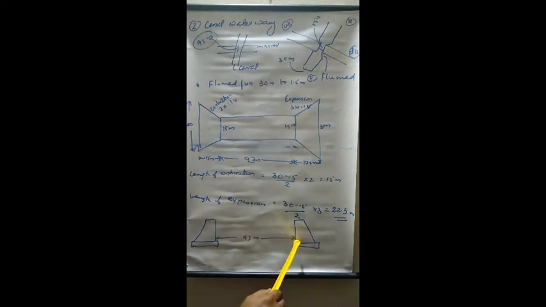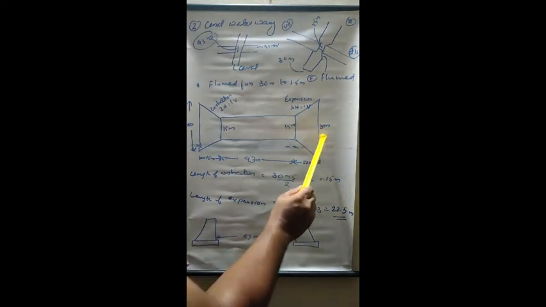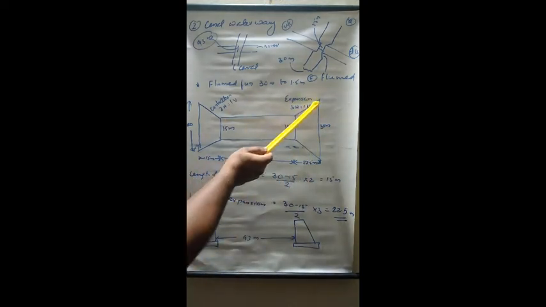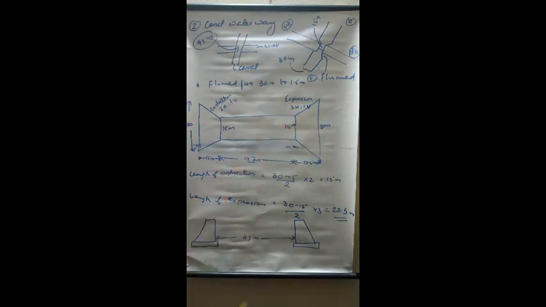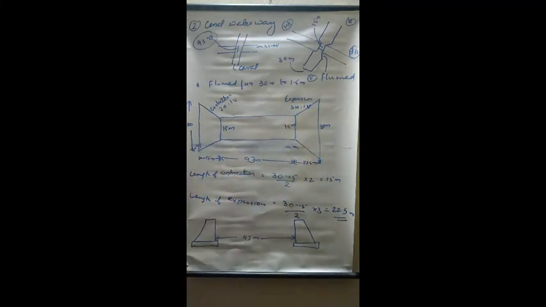After the abutment is over, the canal goes back to its original width, that is 30 meter. So here we need to expand the canal. So in the first case contraction is done, and in the later case expansion is done.